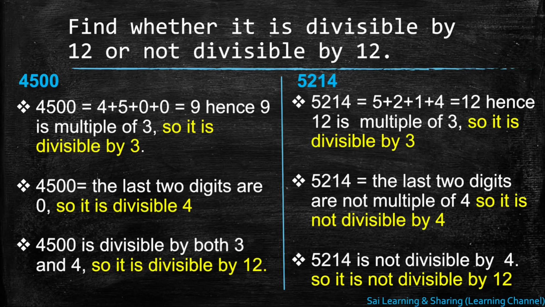So 5214 is not divisible by 4. So it is not divisible by 12. We should remember this very well. To check if it is divisible by 12, it should be divisible by both 3 and 4. So 5214 is not divisible by 12.